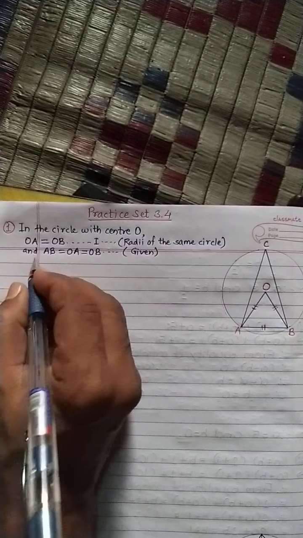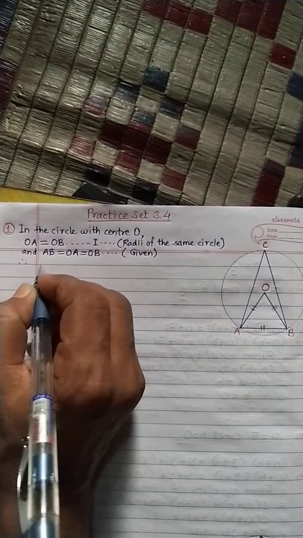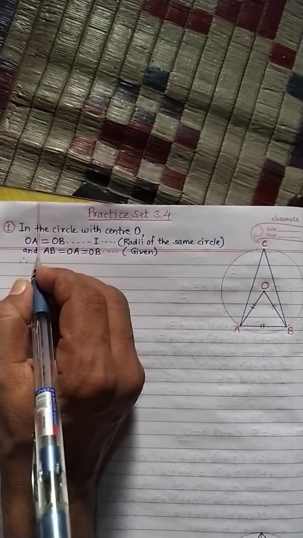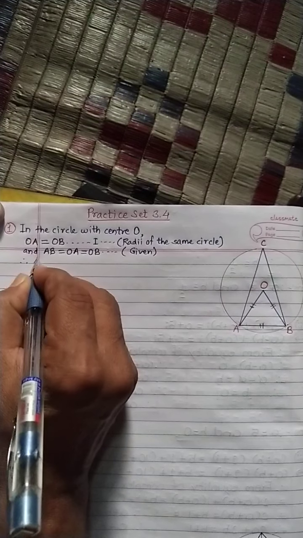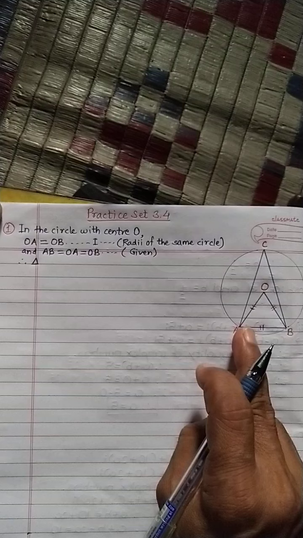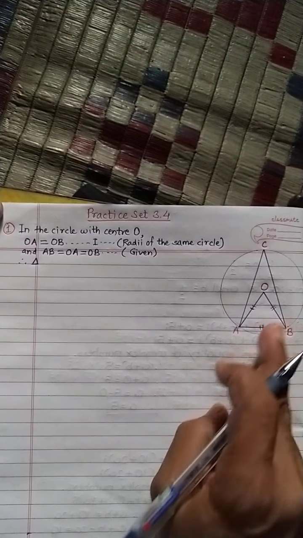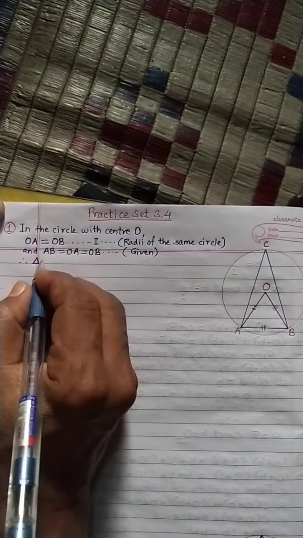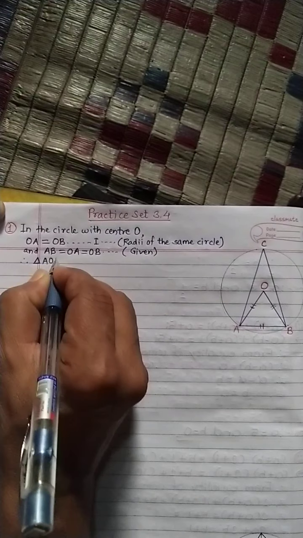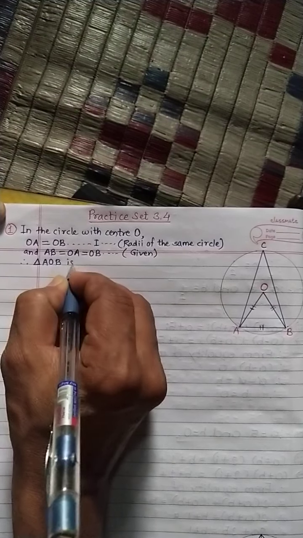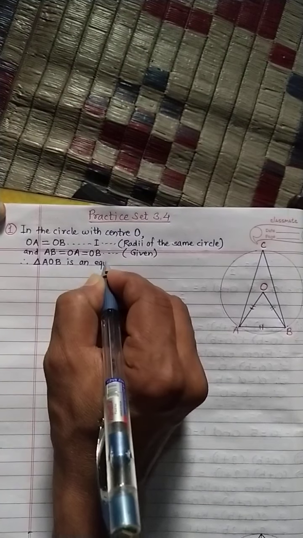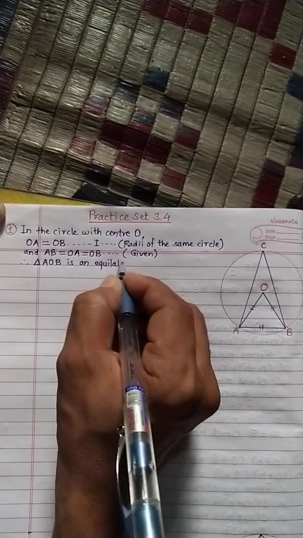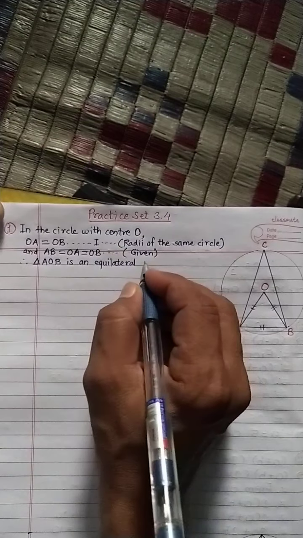So triangle AOB is an equilateral triangle.